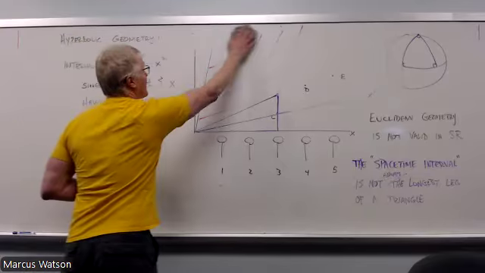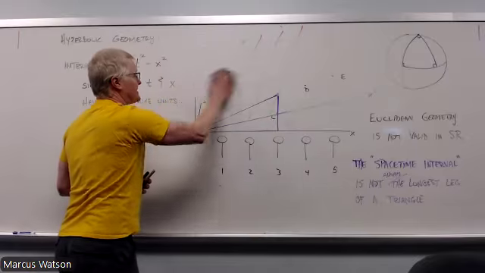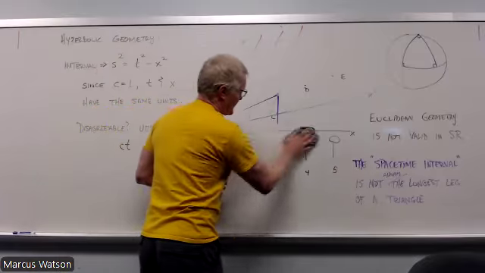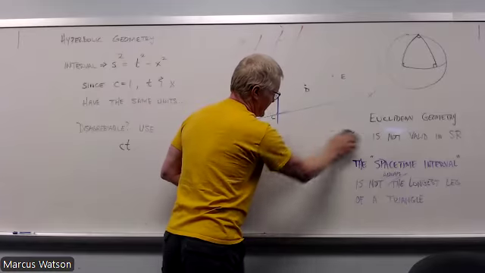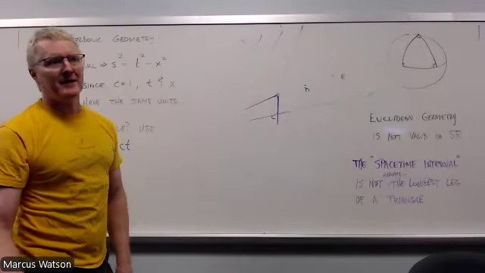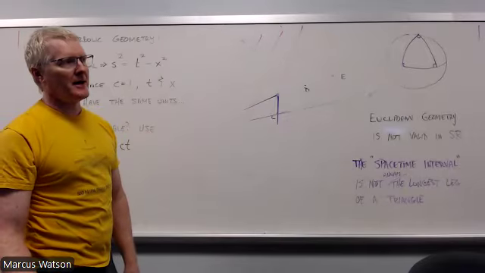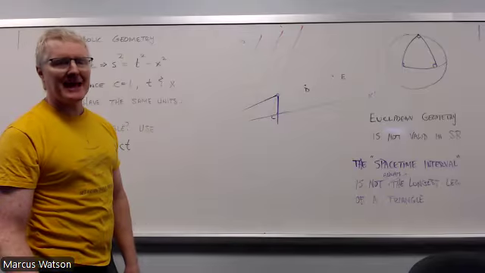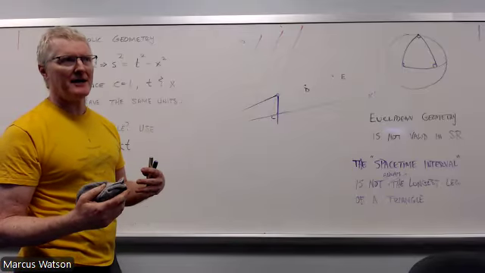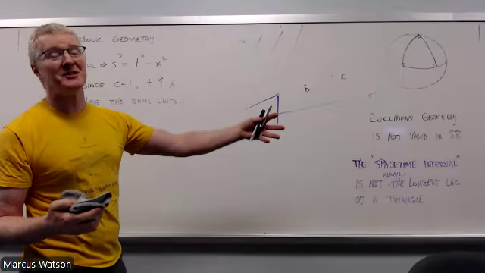Let's imagine I'm taking a trip to a faraway distant star. And the star is so far away that I can't get there in my lifetime unless I travel really, really super fast.